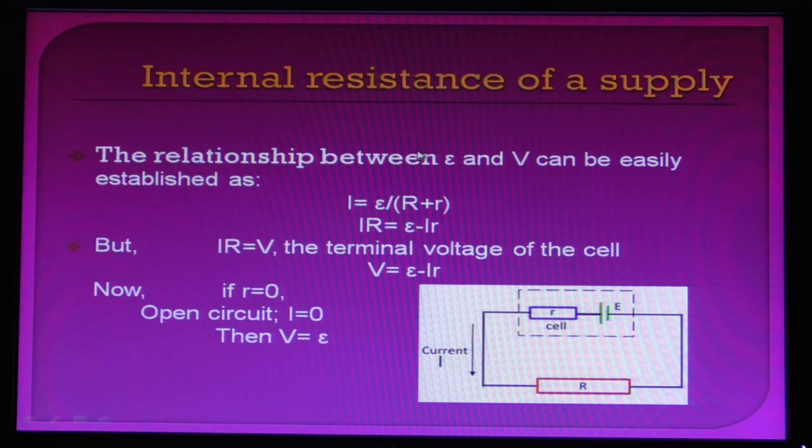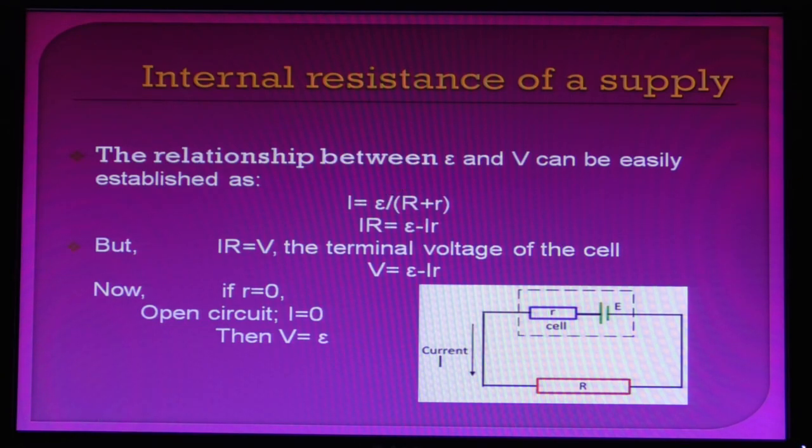The relationship between epsilon, meaning EMF, and V, meaning potential difference, can be easily established as I is equal to epsilon over R plus r. From where does this equation come? It comes from Ohm's law. We all know V is equal to I into R. Instead of V, we use the symbol of EMF, epsilon.